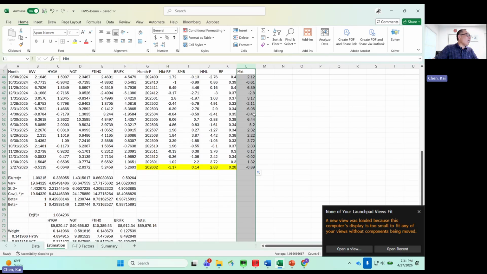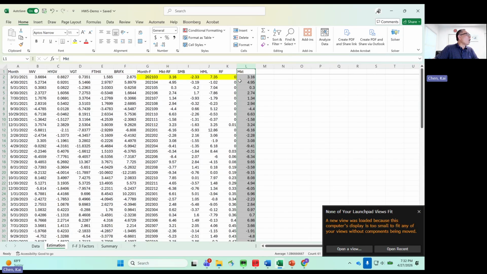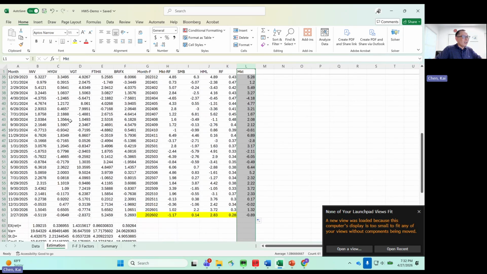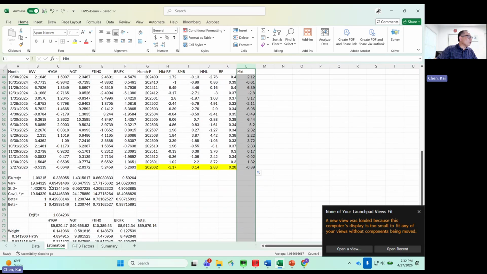So I'm going to replace this column, because the model has been built in the Excel, so we don't have to repeat this work. You have done this work in homework 4. If you don't believe that, you can take a picture of these results.